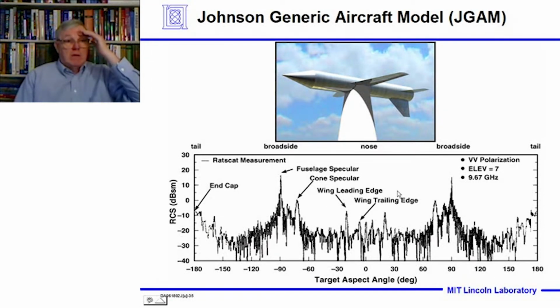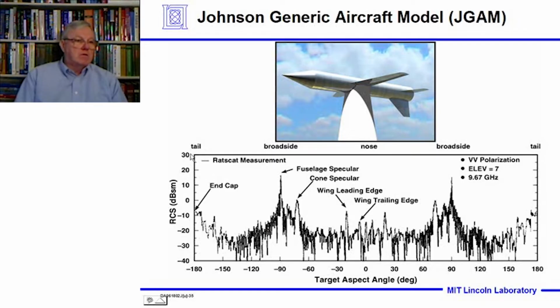This was taken with vertical polarization on transmit, vertical polarization on receive, and targets at an elevation angle of 7 degrees, and the radiation used was X-band, 9.67 gigahertz. It's about 3 centimeters approximately.